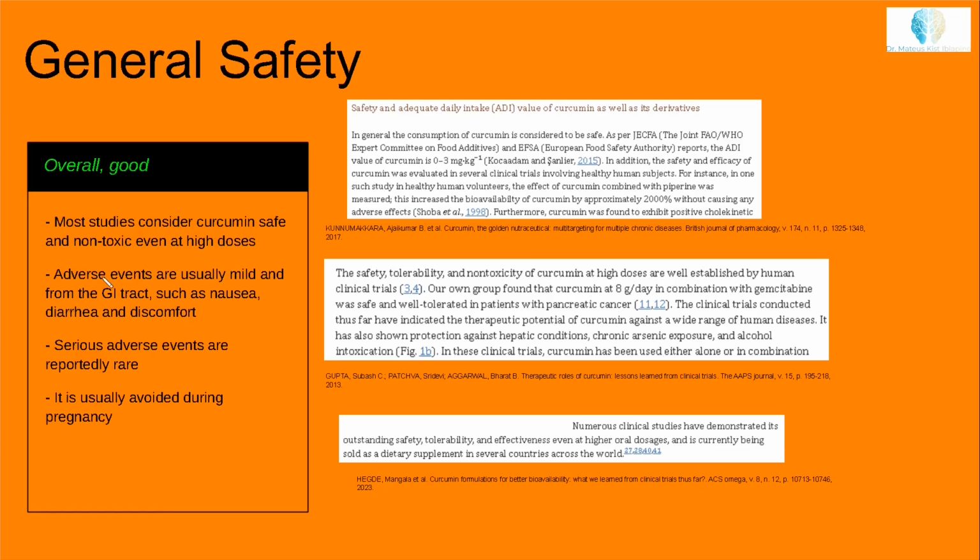Adverse events are not rare, they happen, but they are usually mild, and usually from the GI tract, such as nausea, diarrhea, and discomfort. Serious adverse events are reportedly rare. They exist, but they are very rare in the literature. Most studies say that there are either no adverse events or mild adverse events.